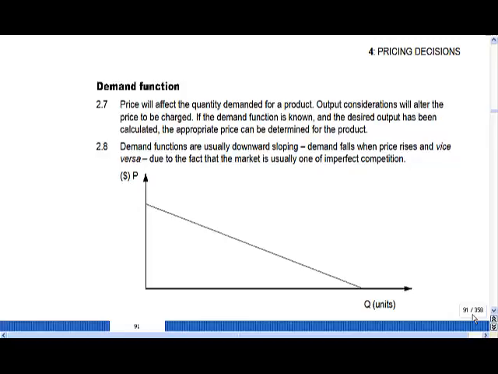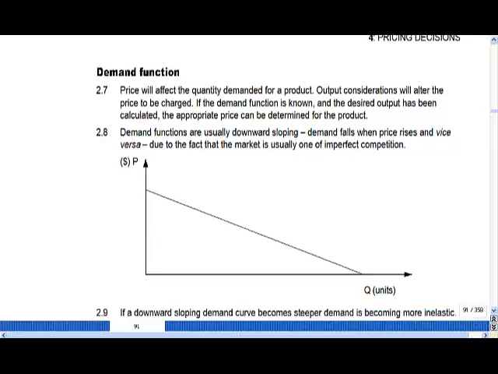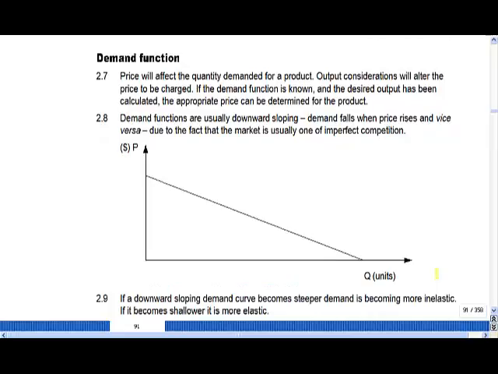In order to sell more units, we would have to drop the price in order to do that. Now, depending on the gradient of this line, you'll be able to have a feel for how elastic your demand is. A steep demand curve shows inelastic demand. A relatively flatter curve shows elastic demand.